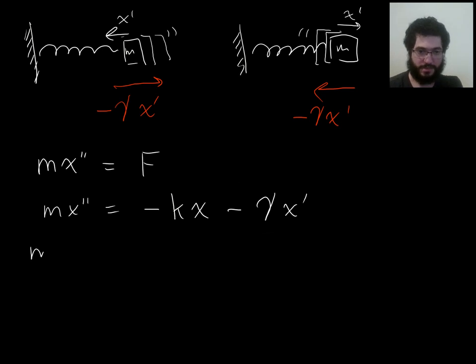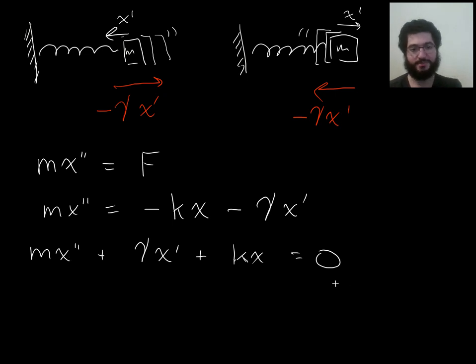Here's another way to write this. You can write it like that. Something times x prime prime plus something times x prime plus something times x equals 0. And all of the somethings are constants.